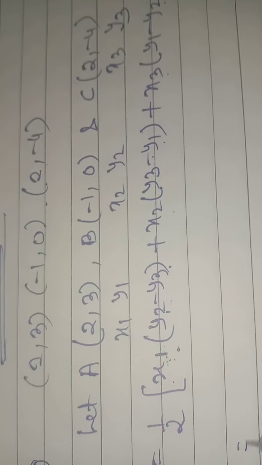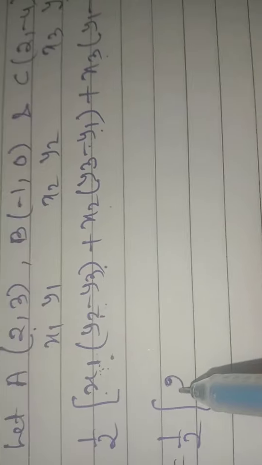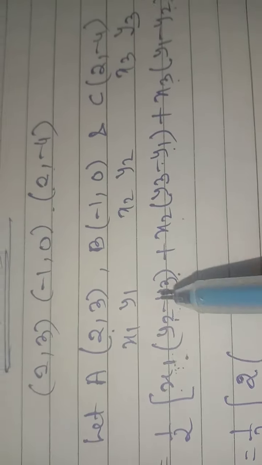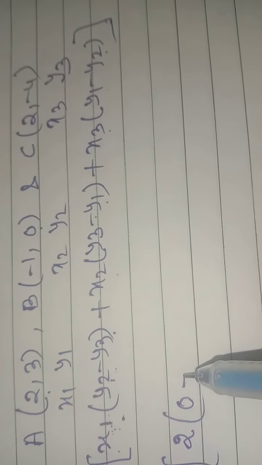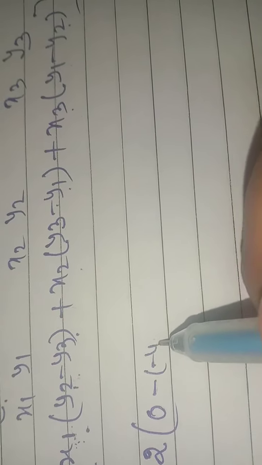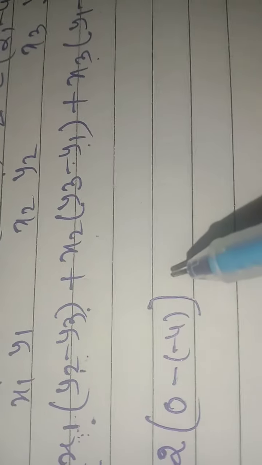Now let's put the values. x1 is given as 2, then in bracket y2, can you see here, y2 is 0 minus y3 which is minus 4. So I will write minus 4 and keep the bracket like this, because minus and minus will become plus.